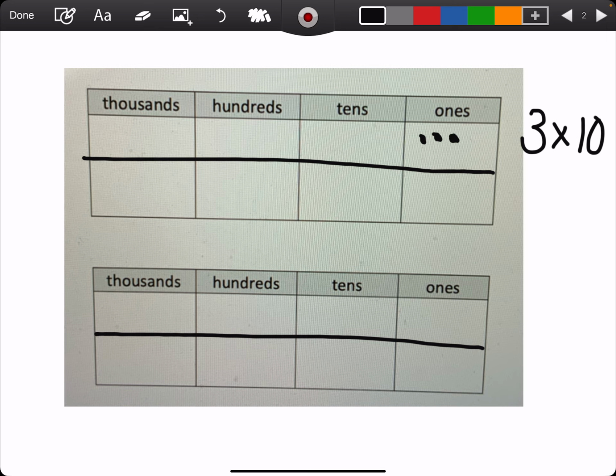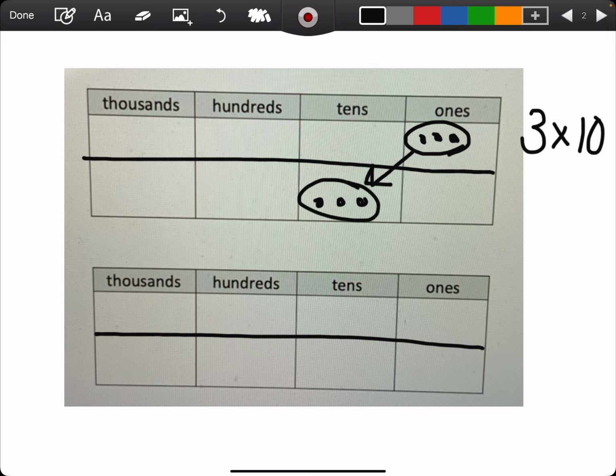Now, if I am multiplying it by 10, we remember from the beginning of the year, every power of 10 is 1 shift to the left on our grid. So if I start off here with 3 ones and I'm multiplying it by 10, I'm actually shifting 1 place value position to the left.